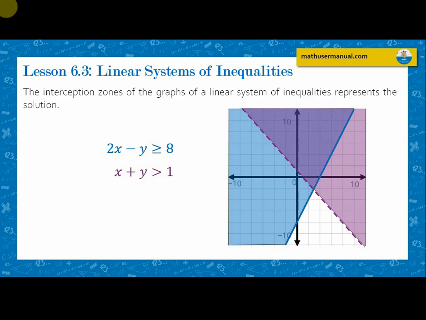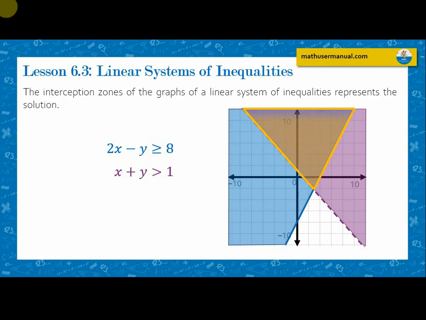But what does this mean? Where is our answer? How can we tell what's the solution of the linear system of inequalities? All we have is the graph. Well, there is a little intersection region where the blue and the purple intersect, and it is right here.